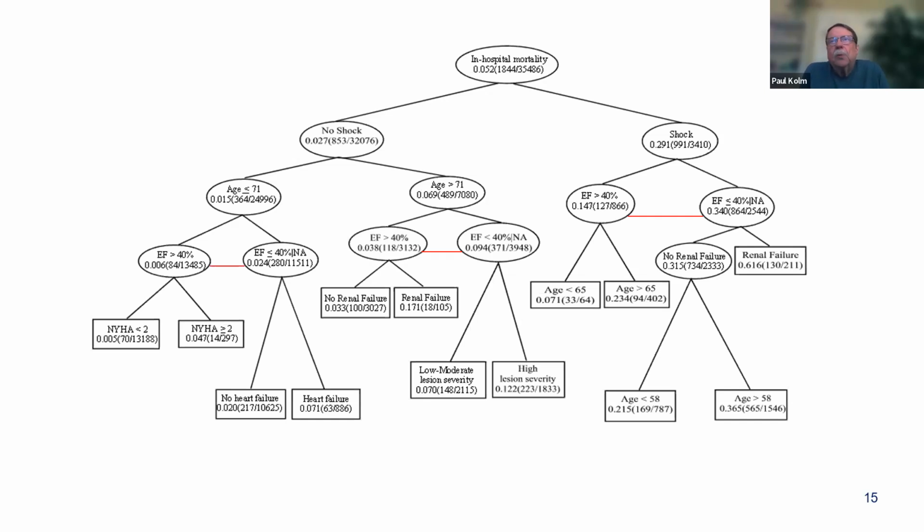So what this does is it gives us an idea of the potential interactions between our predictor variables.